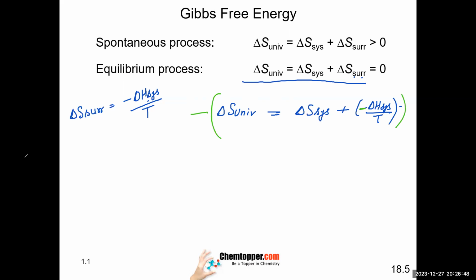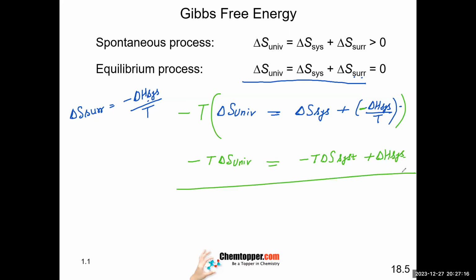Is it okay? What I did, I multiplied the whole equation by minus. In fact, I multiply the whole equation by minus T. Now let's see. Minus T delta S universe is now minus T delta S system plus delta H system. Can you see this equation? This quantity is defined as delta G. This is delta G, children.